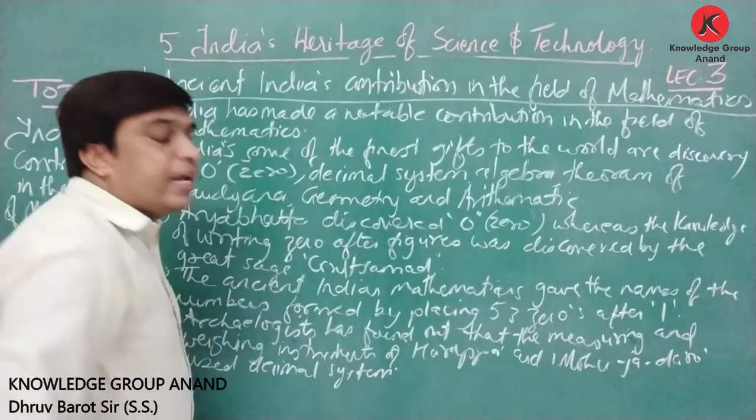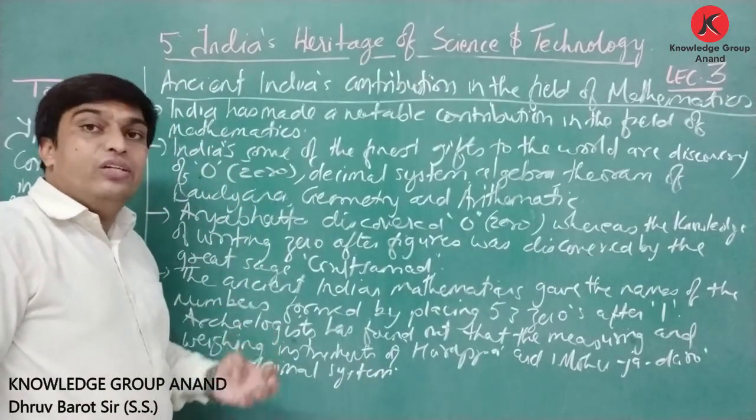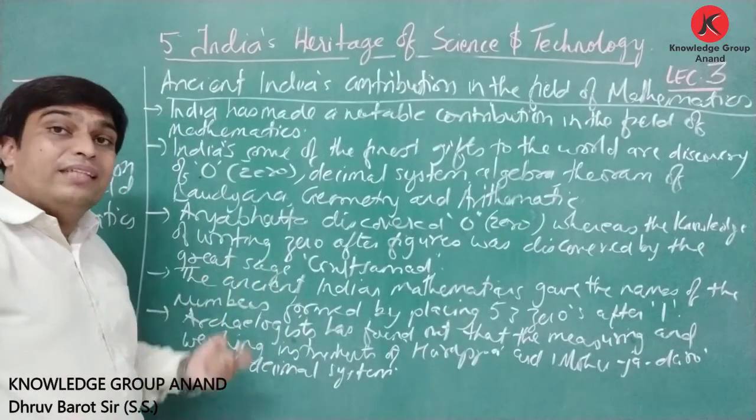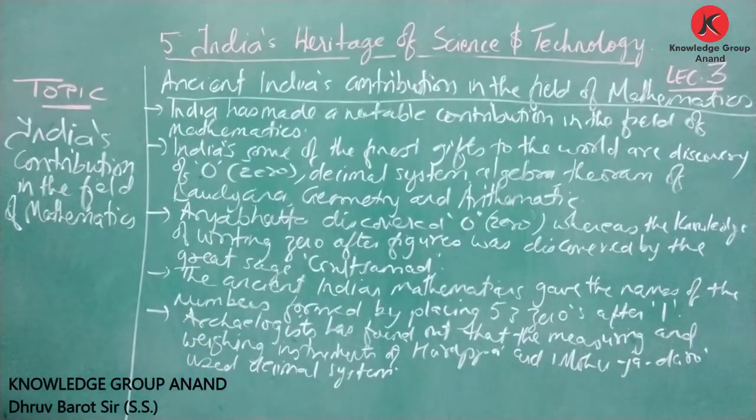Even at the time of the Harappan civilization and Mohenjo-daro, they used the decimal system, and this is found from the measuring and weighing instruments that our archaeologists have already found.